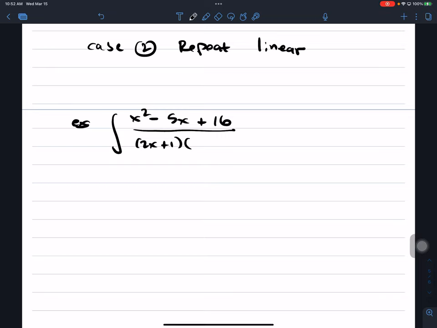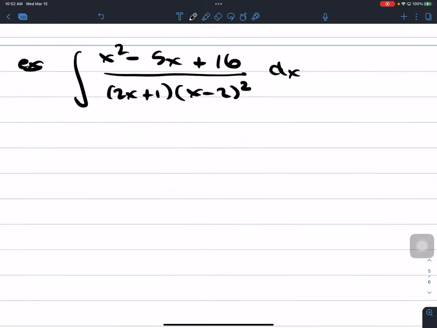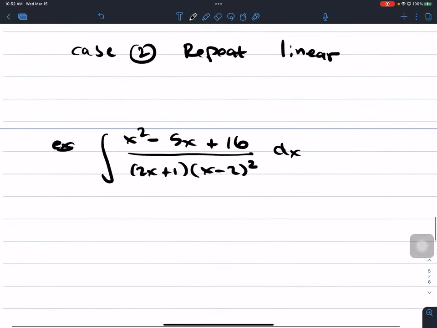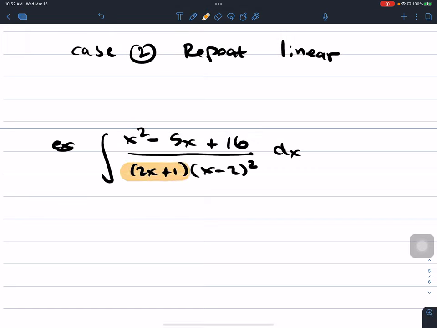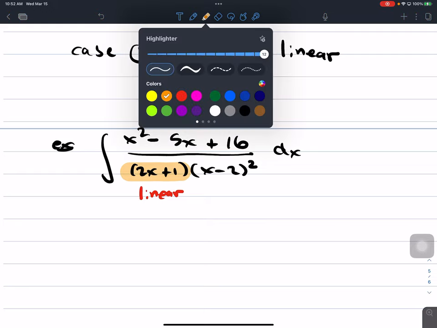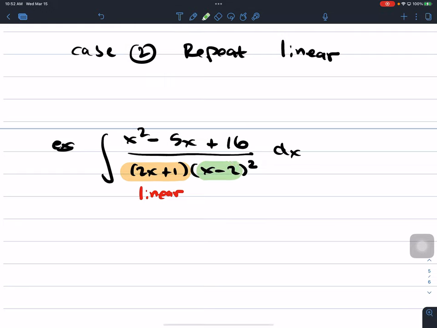Now, here's going to be the repeat linear. Okay? Let me share with you guys why we do it that way. That's a linear factor, is that right? It's linear. And then what is this over here? Isn't x minus 2 also linear?